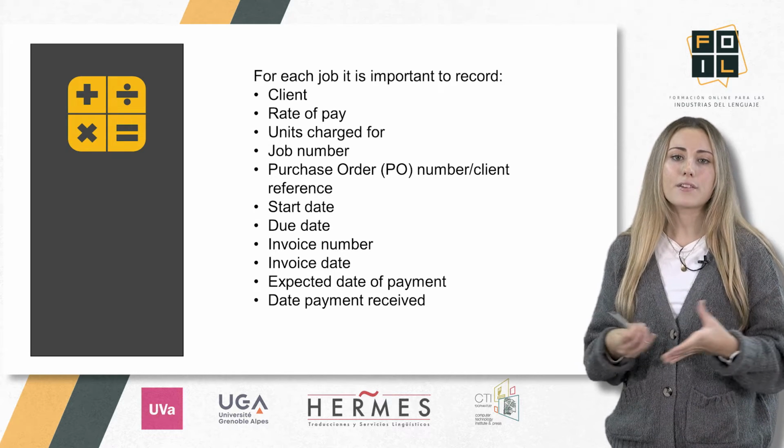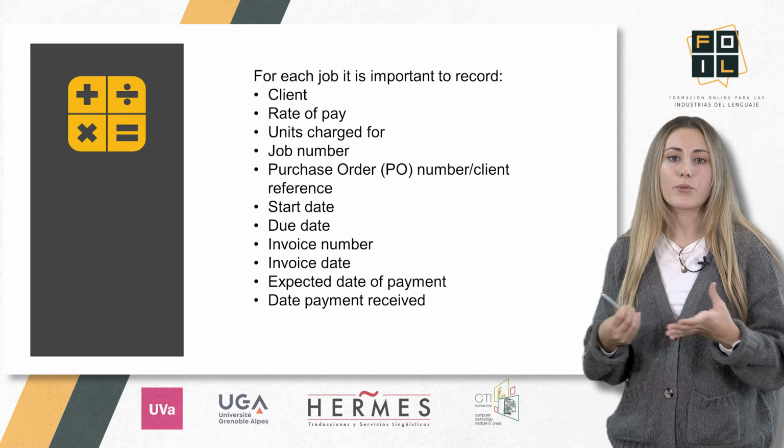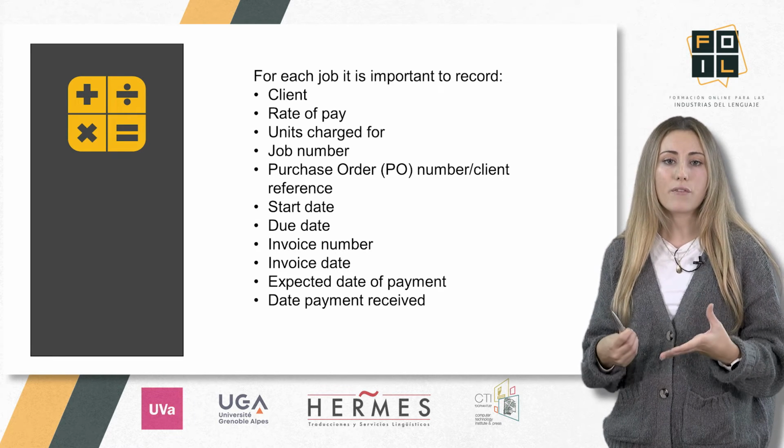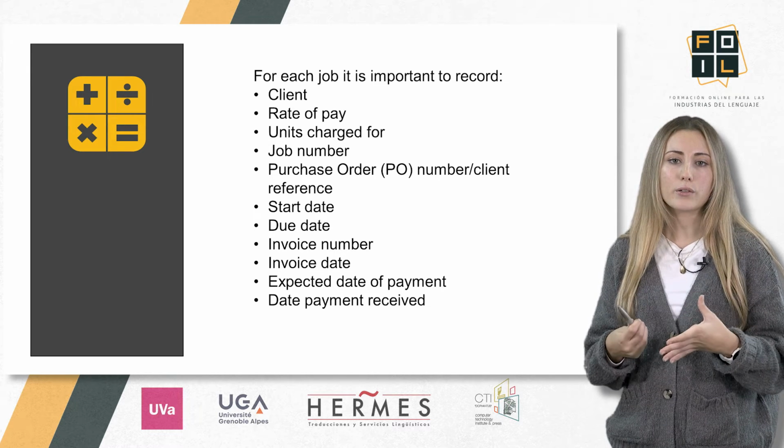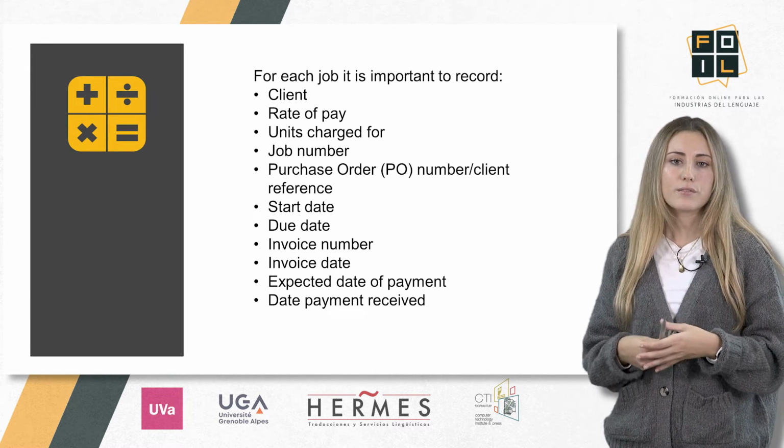Your client may have their own internal reference system for the job. If they provide a reference or purchase order number, it should be included in your records and on your invoice.